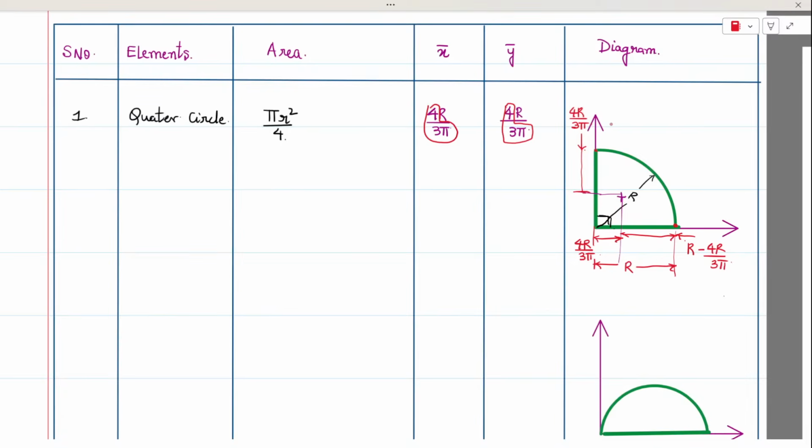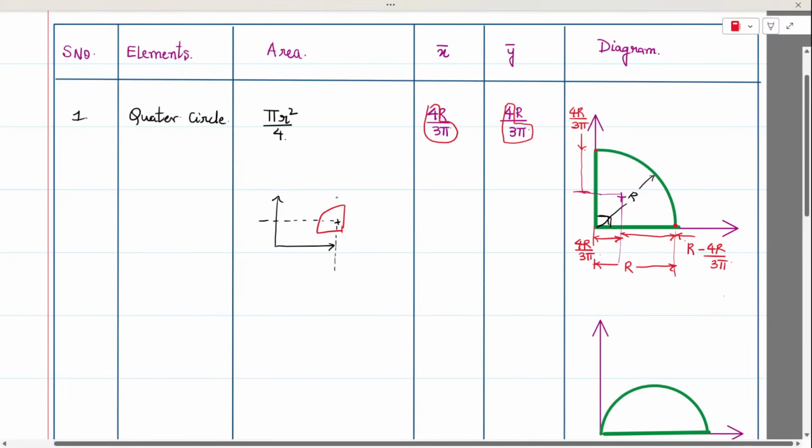Now you can draw the quarter circle as you like and mark the x and y axis. And when you do the marking, let's say this is the centroid. So this is a rough sketch, please don't mind the drawing. Now here, this would be the x coordinate, or I should be marking the distance from the x-axis and y-axis.